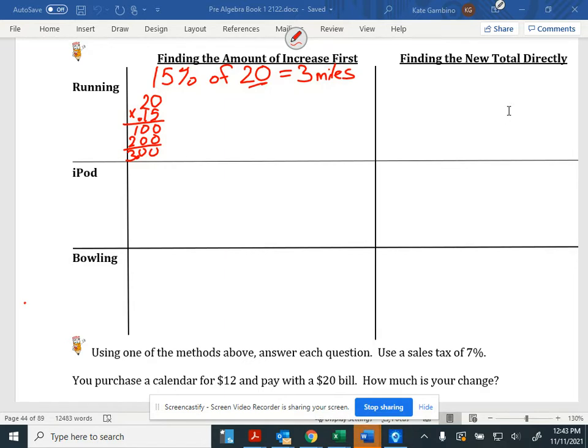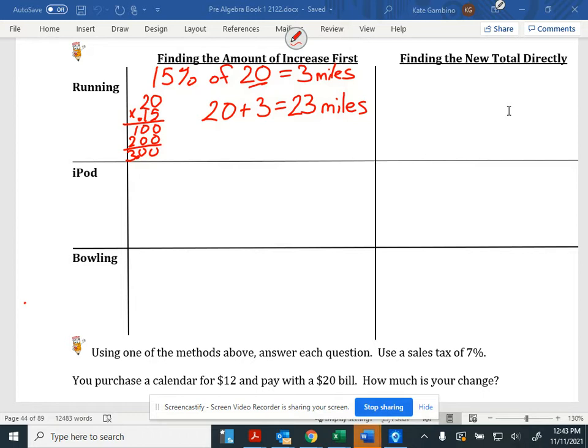The question is how many miles will you run this week? You're not going to run just 3 miles. How many miles are you going to run, Joseph? You gotta add the 3 to the 20. Yeah, we have to add our original 20 plus 3 more because we are increasing it. Do not forget to go back to that original question.